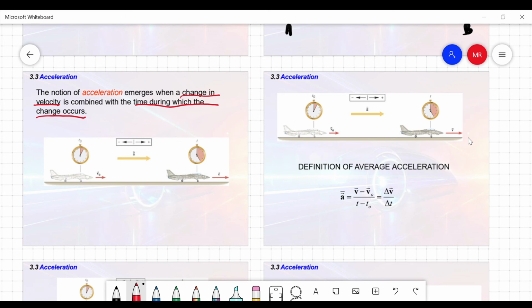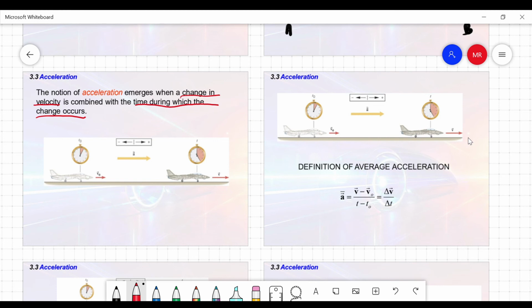Ngayon, tumapak ka ngayon doon sa gear. Or kaya, mas pinihit mo yung, anong tawag natin doon? Yung silinyador. Para mas bumilis ka. So, gusto mo from 40 kilometers per hour, ang maging takbo mo ay 60 kilometers per hour.